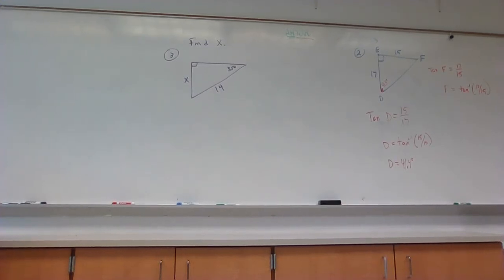it says 35 degrees. Now, everything that we're doing is in relationship to an angle. That's how we set up the ratios, right? So when we're trying to find an angle measure, how are the sides related to that angle? Now we're given an angle measure.